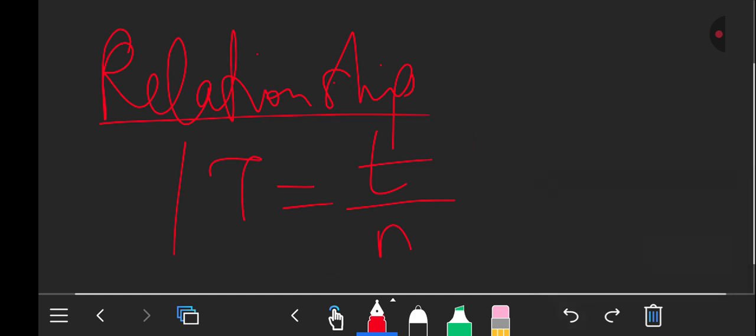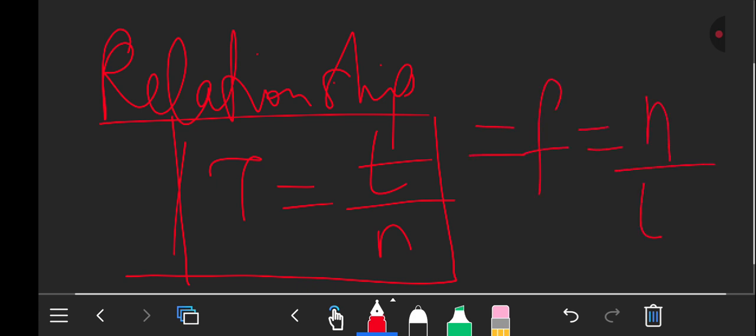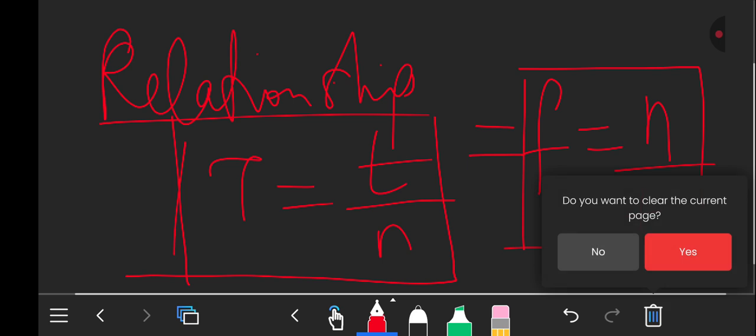We can manipulate this formula to suit frequency also. Frequency, we said, is the number of oscillations over time. That is the formula you can use if you want to calculate frequency. But you see, this is just the opposite.